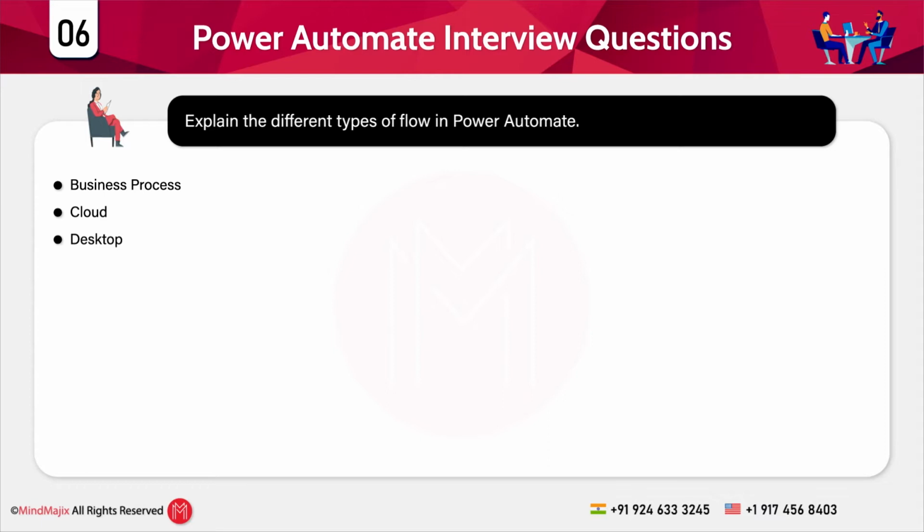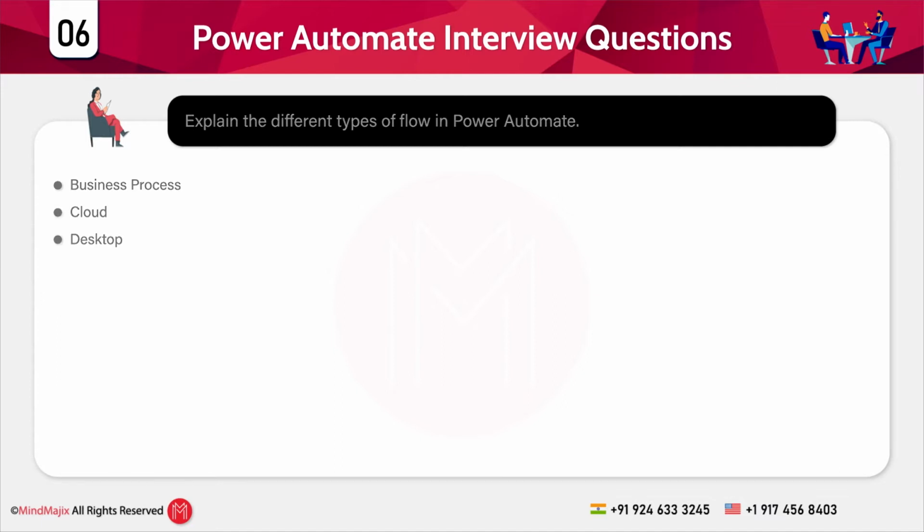With cloud flows, the flows are automatically executed by triggering the workflow on a schedule or instantly. The third is the desktop flow, a powerful platform that helps to automate web tasks or desktop tasks. So these are the 3 kinds of flows in Power Automate.